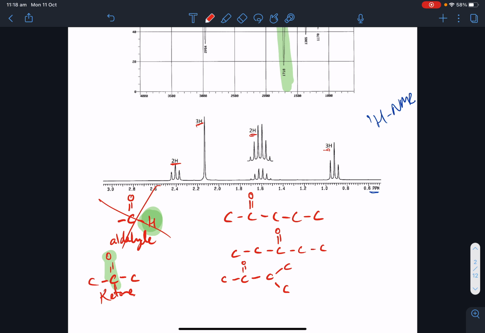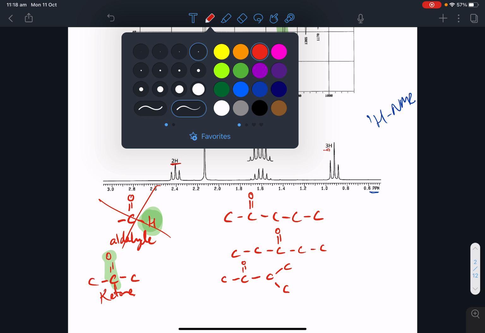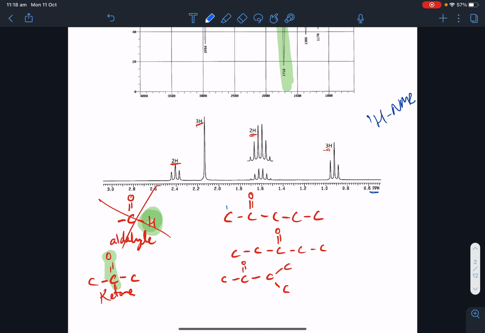Let's put our hydrogens in there and see what's fitting. 1, 2, 3 there. No more can go on that second one of this one. 1, 2. I know it's getting a bit squashy. 1, 2. 1, 2, 3.